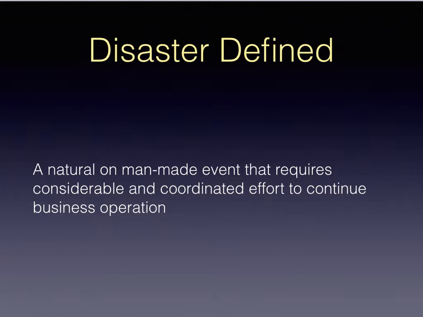When that happens, you need a whole team of people to, one, come up with workarounds or to implement the workarounds you've already documented to ensure your critical business processes continue, and you need a team of people to recover the technology so that you can restore business critical processes to their states prior to the disaster. So a disaster is a massive hit on an organization's ability to operate.